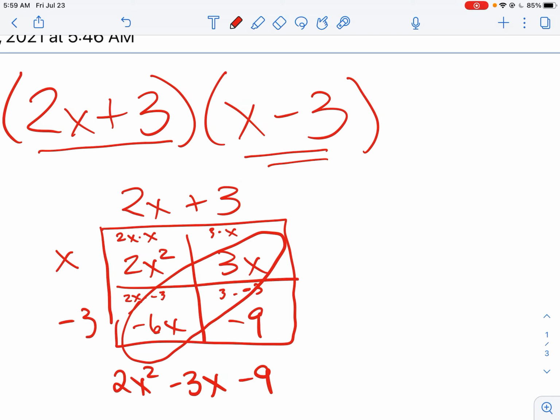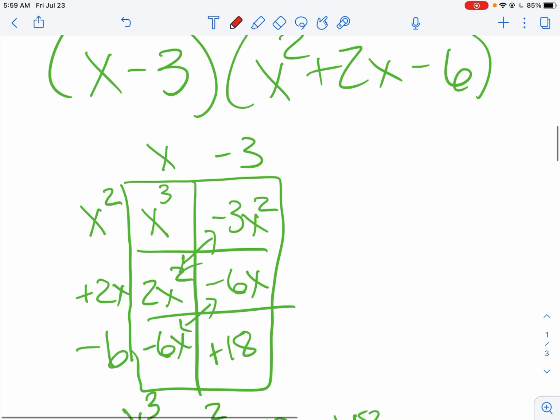I got the 2x squared, the 3x, the negative 6x, and the negative 9. Then to get this middle term right there, I added these two in the middle together. So that's what we're going to be doing down here.